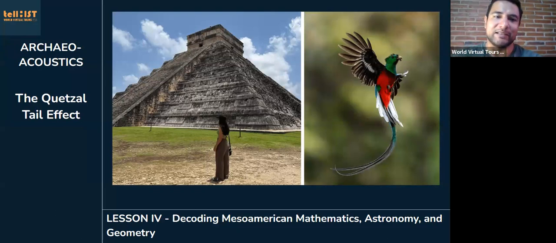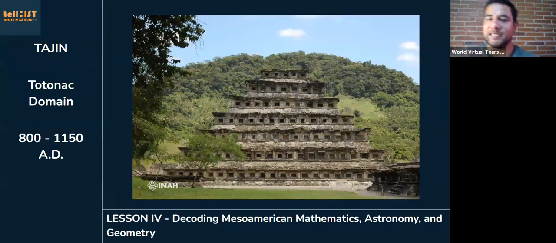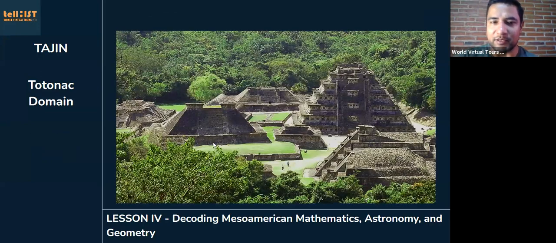Okay, speaking about these other effects, also the Totonac domain with the pyramid of Tajín that we mentioned in previous lessons had not the same effect, but when you make certain noises within the four main structures of the plaza, in the back of the buildings, in the back of this Pirámide de los Nichos, the Pyramid of the Niches, in the back and between the pyramid and the mountain, you will hear the sound of the storm.